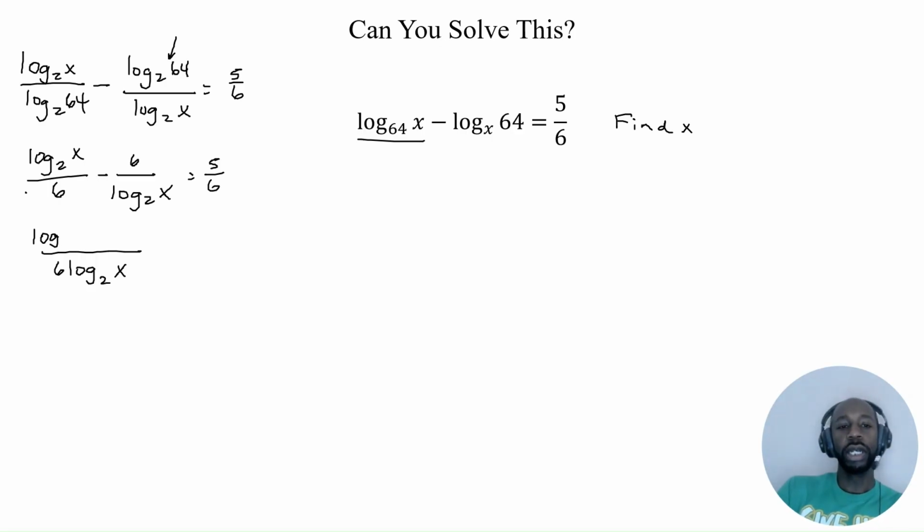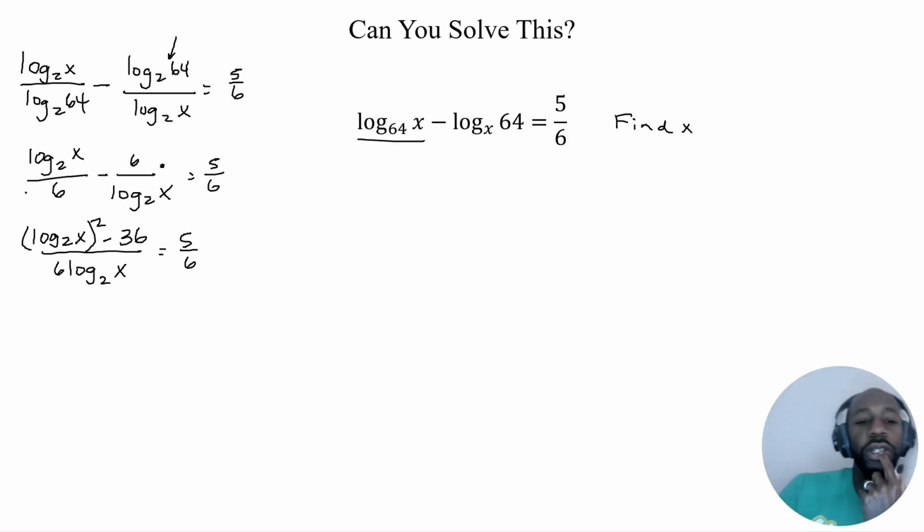So this becomes log base 2 of x squared minus, and then this second fraction here would have needed to be multiplied by 6 over 6. So that means we have 36 here. Okay, and then that is equal still to 5/6.